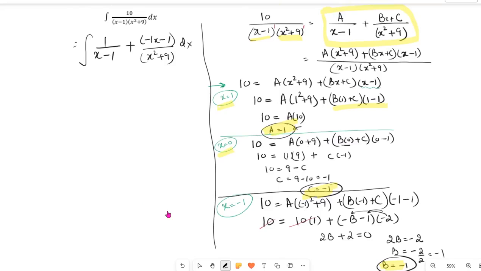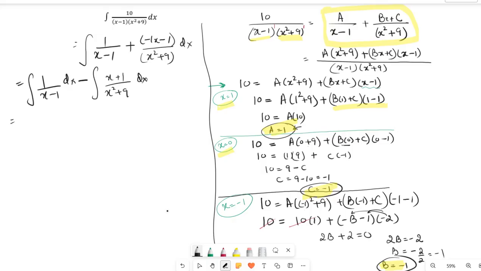So we have this as now two integrals, 1 by x minus 1 minus, negative can come out, x plus 1 by x squared plus 9 dx. The first one is done. I know the integral of that is natural log of x minus 1 minus. The second one, I can split it further. I can write it x by x squared plus 9 dx minus 1 by x squared plus 9 dx.